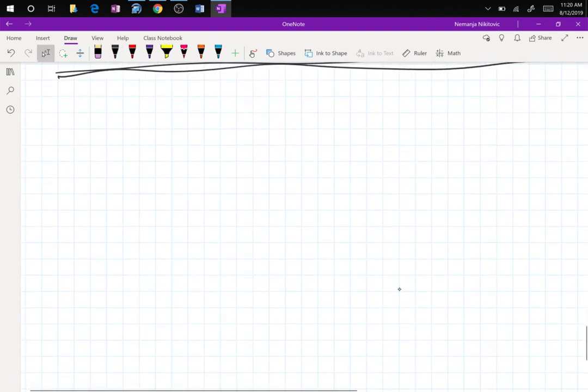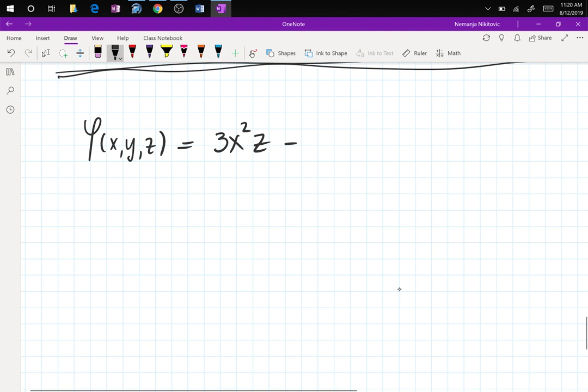So let's say that the function phi of x, y, z is given as just stuff that you guys know, 3x squared z minus 4 ln xy, whatever, right? So let's say that's the function.